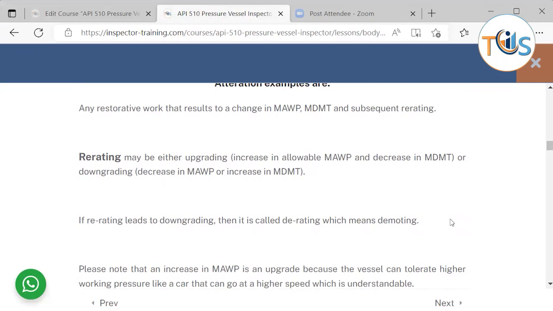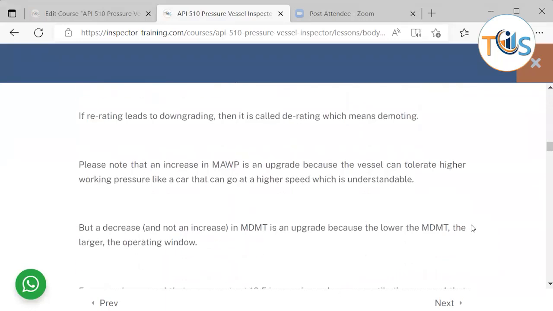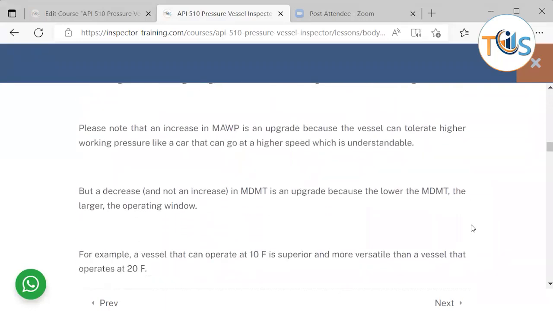Okay, we talk about re-rating, which is a result of alteration, and we talk about derating, which is demoting the vessel. For example, if you increase the pressure, you're upgrading the vessel, but if you decrease the pressure, you're downgrading the vessel. But the temperature works the other way around. A decrease, not an increase, in minimum design metal temperature is actually an upgrade, unlike maximum allowable working pressure.